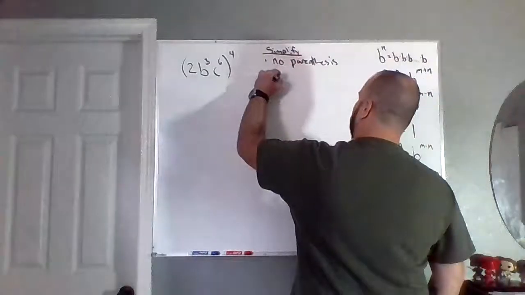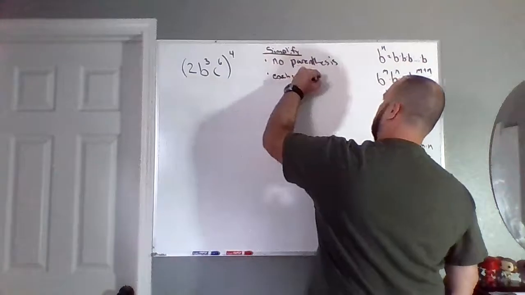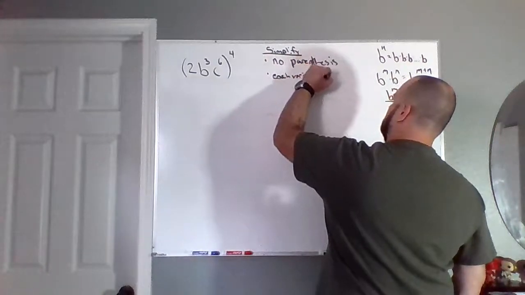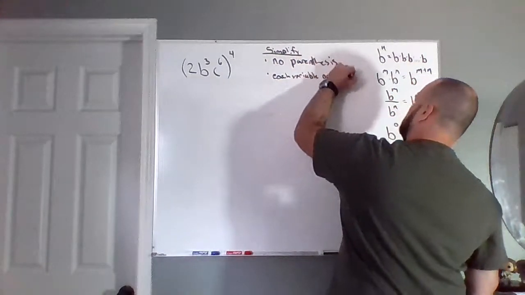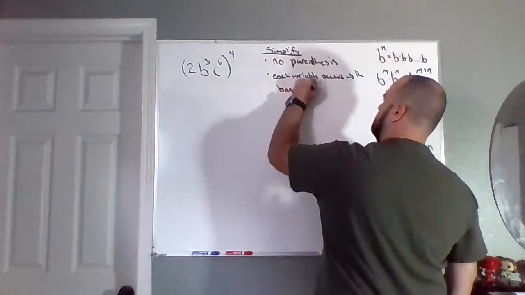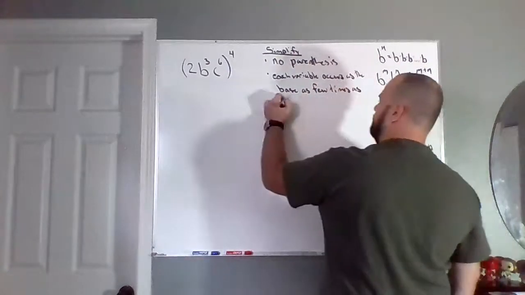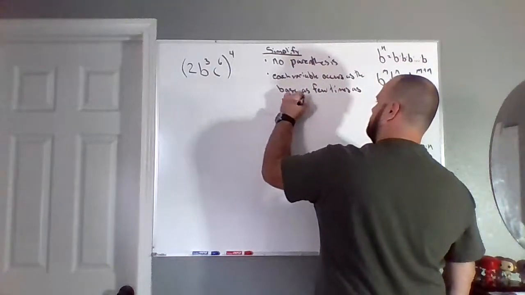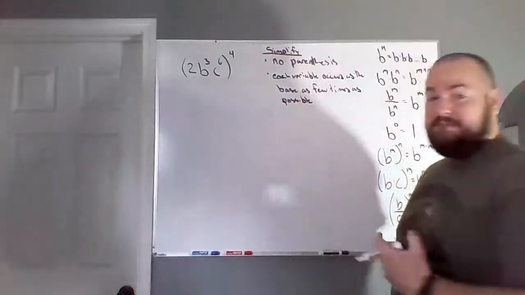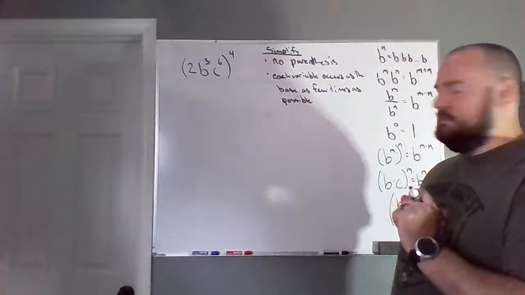We need that each variable occurs as the base as few times as possible. Now, for the most part, that is going to mean once. That variable should only ever occur one time.